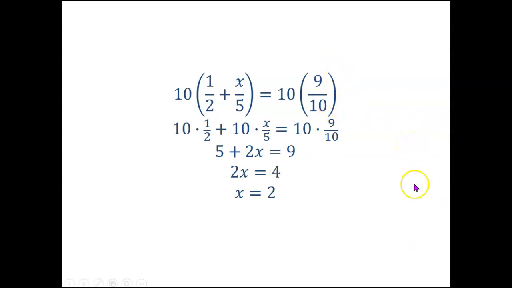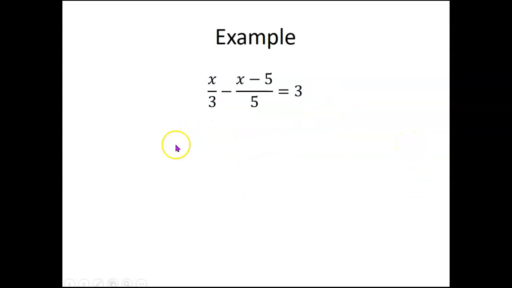Okay, another example, x/3 minus (x minus 5)/5 equals 3. What can we multiply by that will kill off both of these denominators? We need something that's divisible by 3 and divisible by 5. How about 15?